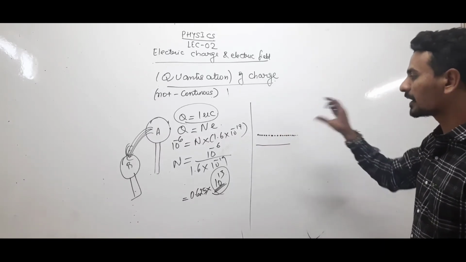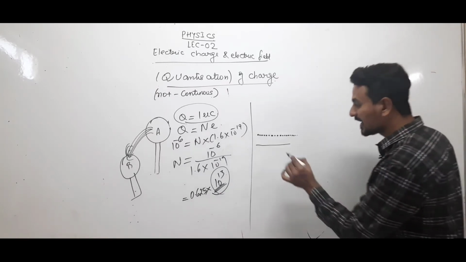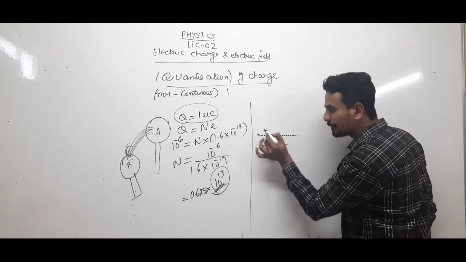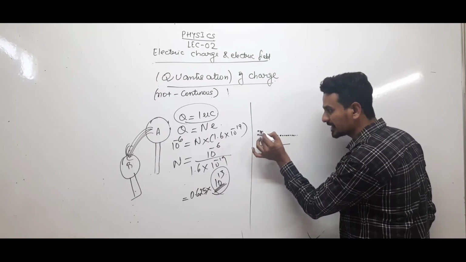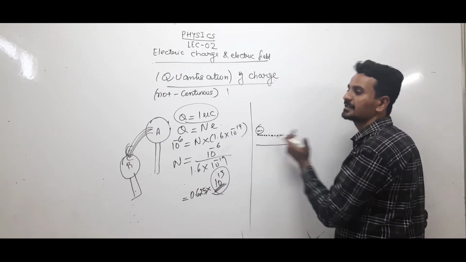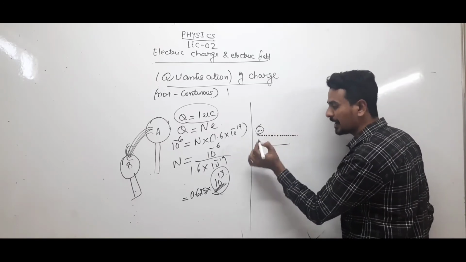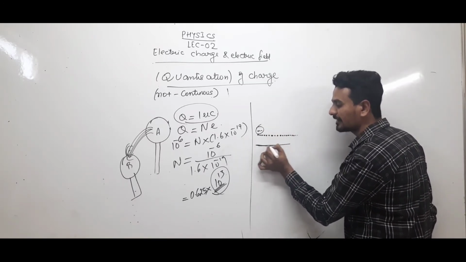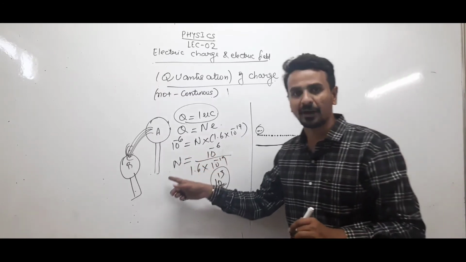This is exactly what quantization of charge is. See, they are not actually continuous. I am drawing the dots, 1st, 2nd, 3rd, that means it is not continuous. But since they are very large in number, you will treat them as continuous. You will see these dots as a line. This is what quantization is all about.